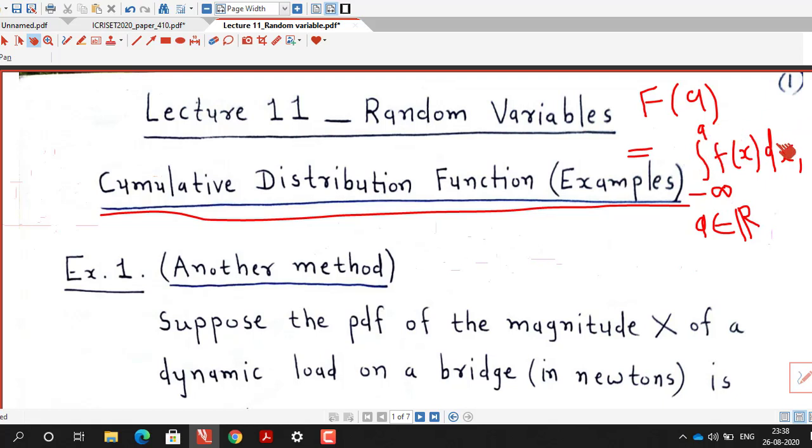Using some geometrical formulas for area, we can decide the area under the density curve. But this method is applicable only if our function is a linear function.